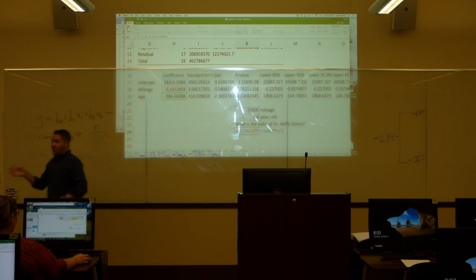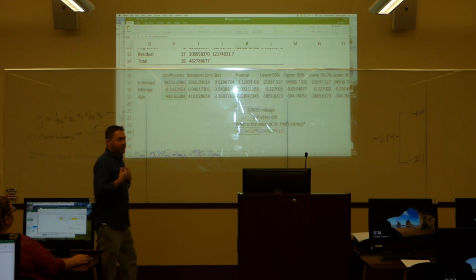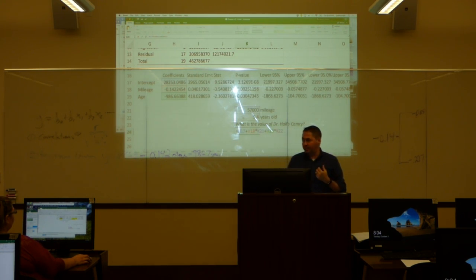Now, if you have 4 independent variables, I would have to give you 4 values. Suppose the graduation rate is 96%, the average income is 35,000, and the unemployment rate is 5.6%. Then you can predict the incarceration rate. The more you show me in your paper, the better grade you're going to get. So this is the predicted value of my car, which is 57,000 miles and 5.4 years old.